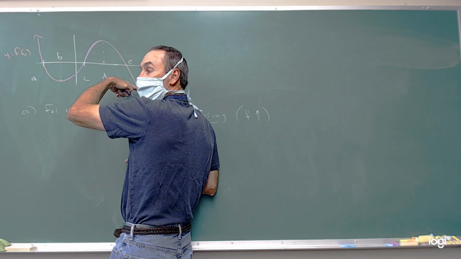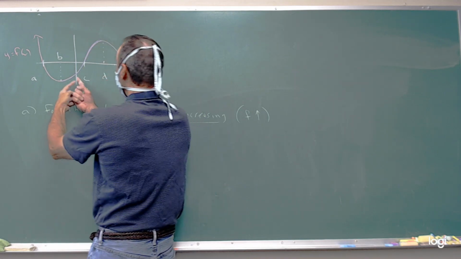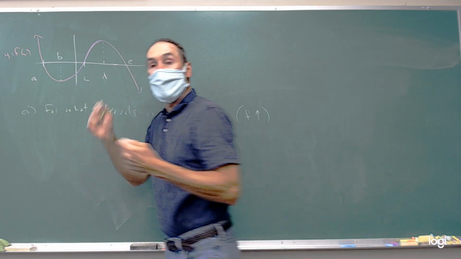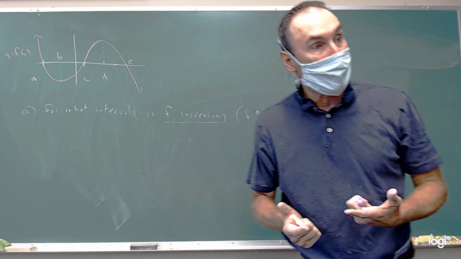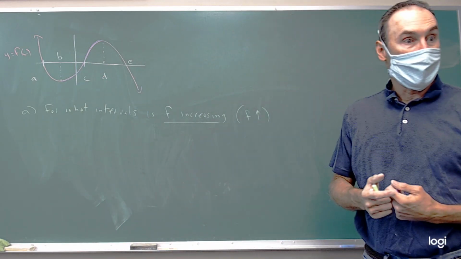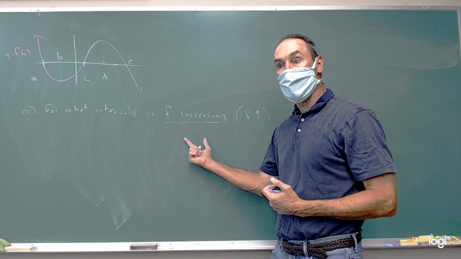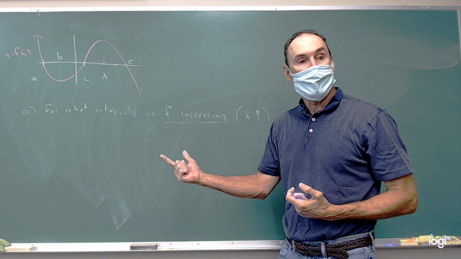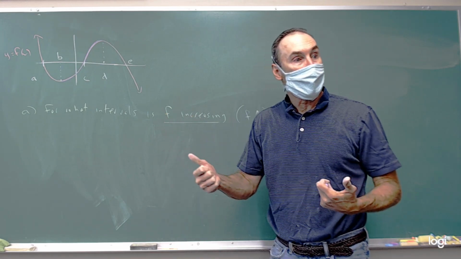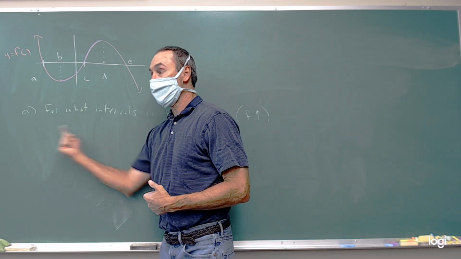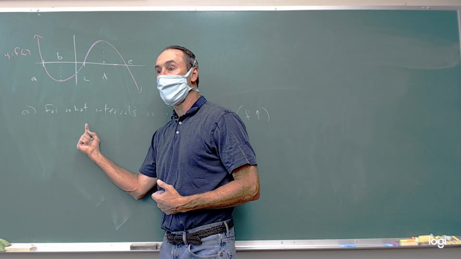Then it starts to fall again, so we've left that. So it's this region right here, this piece of the curve that I drew in purple, where that function is increasing. What we have to name it by is that interval. That is, we have to give the x values that generate that part of the curve. So your answer is going to be in terms of x, not in terms of y at all.